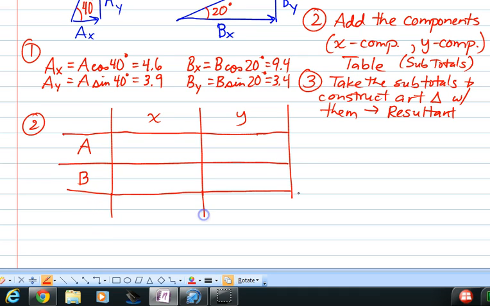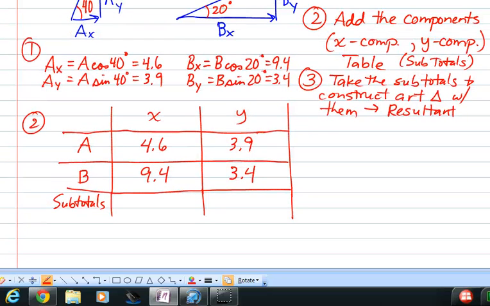We'll see how to do that a bit later on, but this is going to be our subtotals. So AX is 4.6, AY is 3.9, BX is 9.4, and BY is 3.4. So you can just see where I'm putting things.